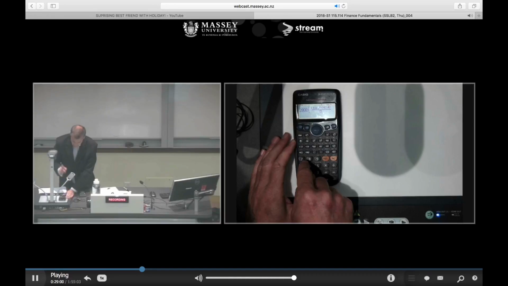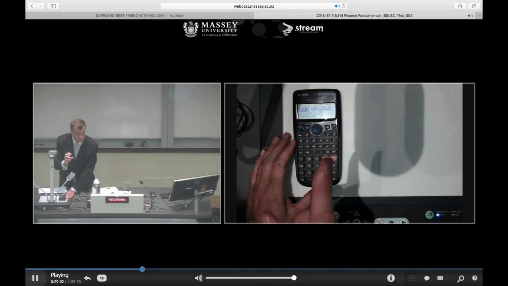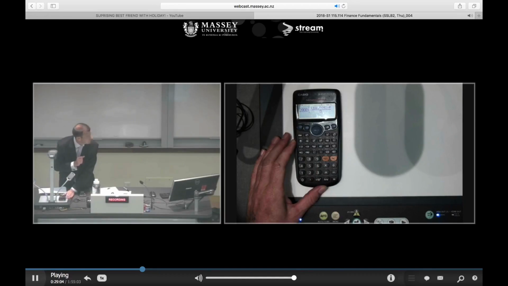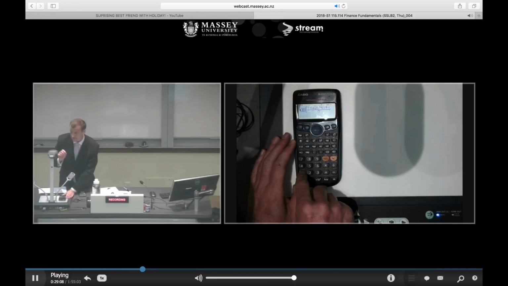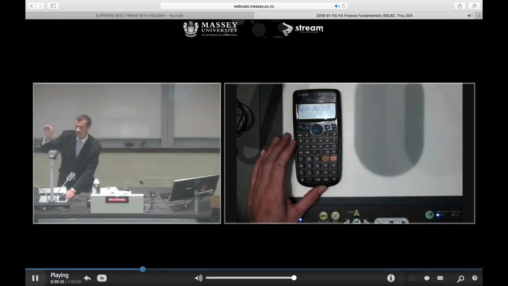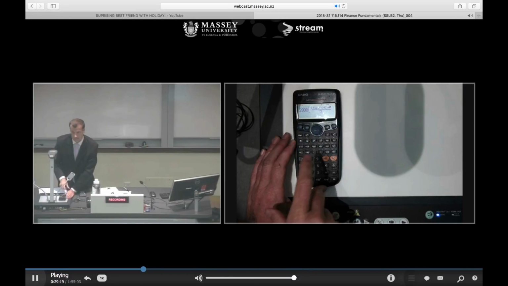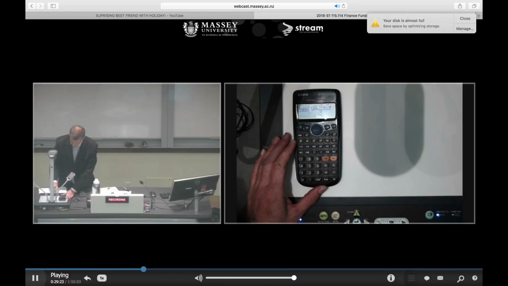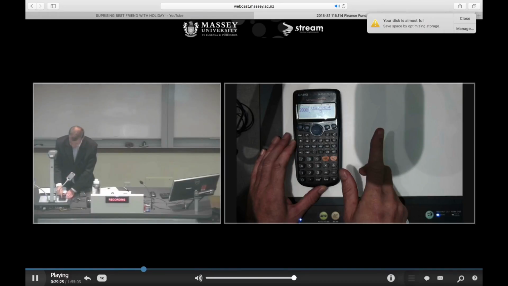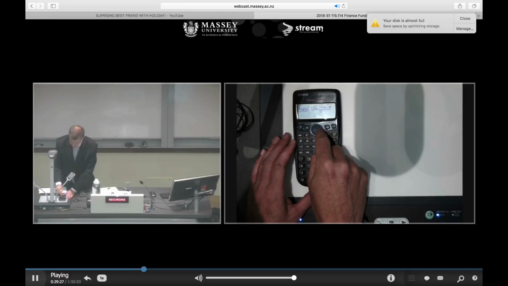This is where you've got to be careful, because when you look at the screen, you could just go minus 1, which is actually not right, because that's like to the power of now 3. So just got to be careful with that bit. On not all calculators, but particularly the ones where you're entering the data like this, what you need to do is use the replay button and move out.